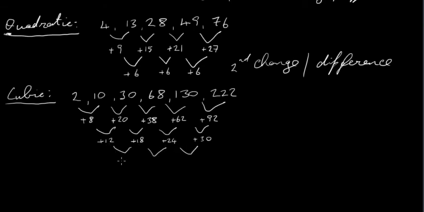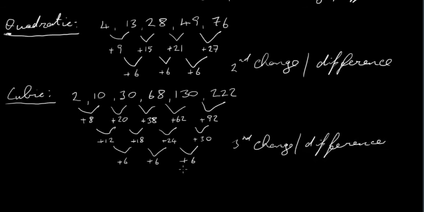The difference between 12 and 18 is plus 6, plus 6 and plus 6. So you can see that the third change, or third difference, is all the same, all plus 6. We've done it 3 times, so this is called a cubic sequence of numbers.